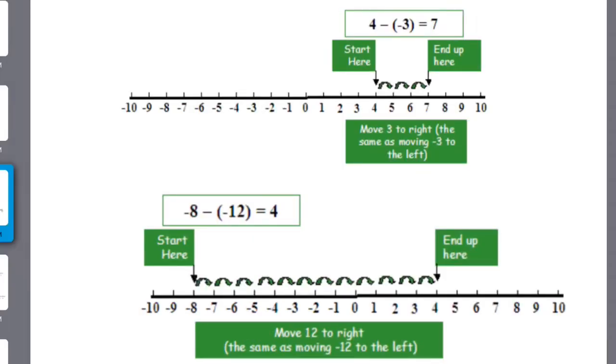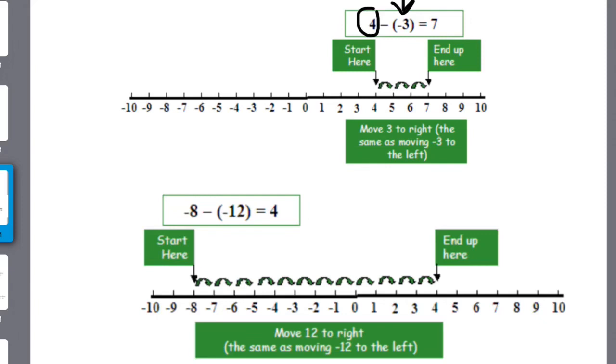Let's look at 2 more examples of how to use number lines to show integer subtraction. This number line starts at positive 4 and we are taking away negative 3. Remember, when you take away a negative, you move to the right, not to the left.